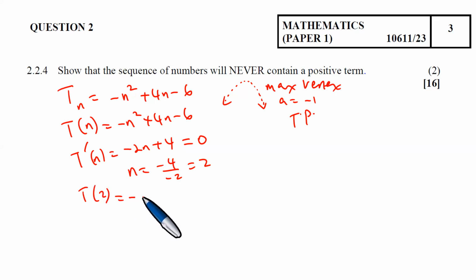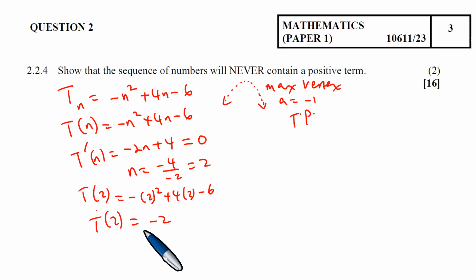So T of 2 is minus 2 squared plus 4 times 2 minus 6, and if you simplify everything, this is actually the number minus 2. Remember, therefore, that this is the biggest value, the maximum value.